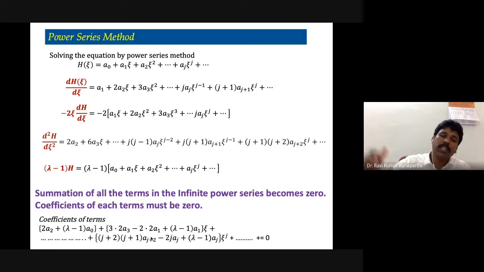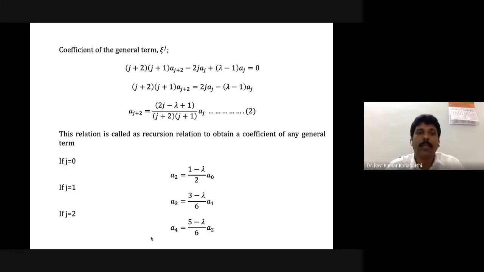And this power series actually runs to infinity. So what I have taken here is the common term, that is z to the power j. This coefficient must be equal to 0 in order to satisfy that equality.